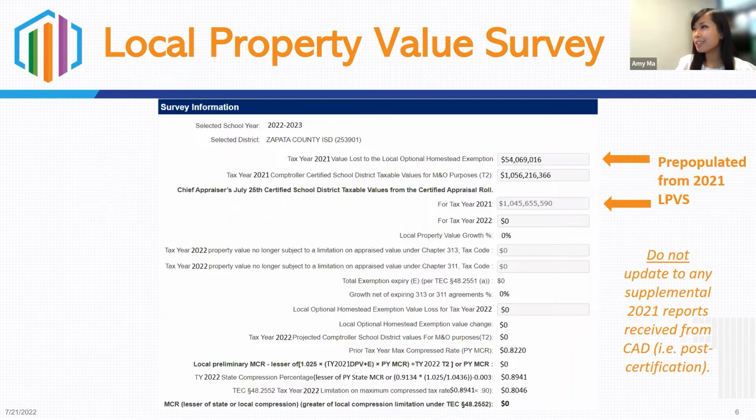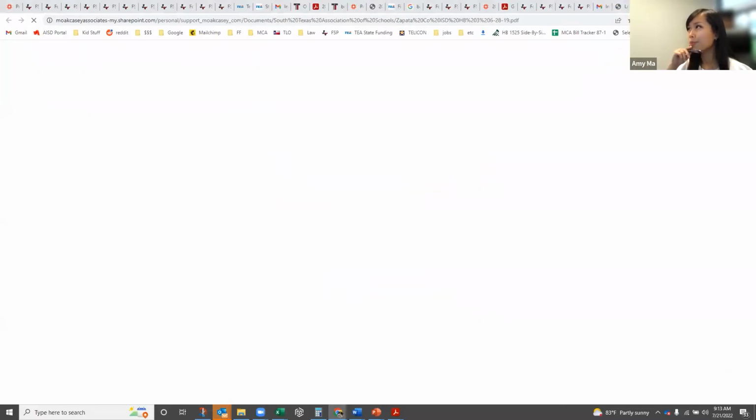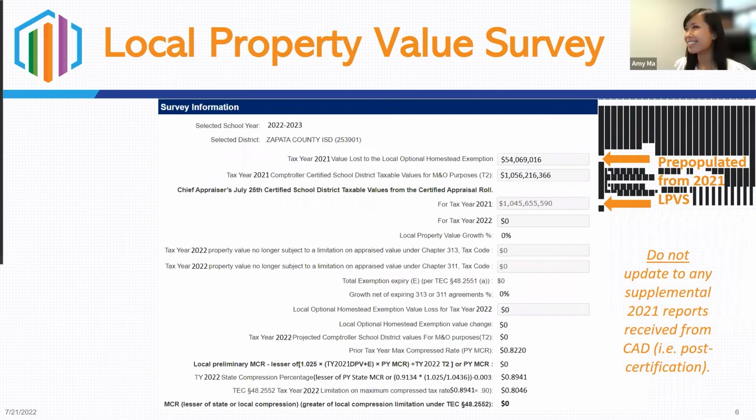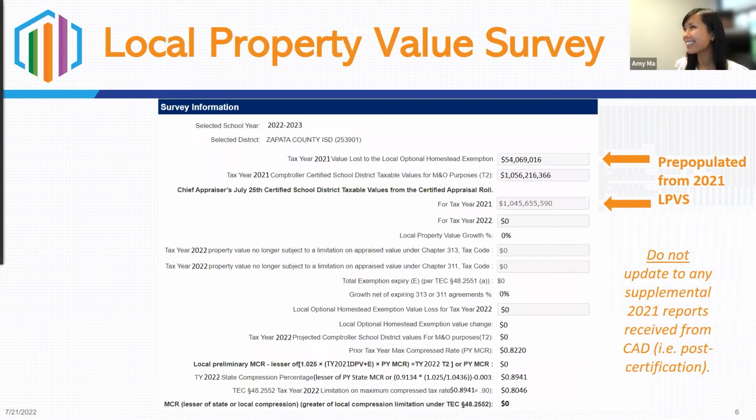So this is what the survey looks like, the local property value survey. We have some items that TA will pre-populate from the previous year. This is the first line, the tax year 2021 LOHE.